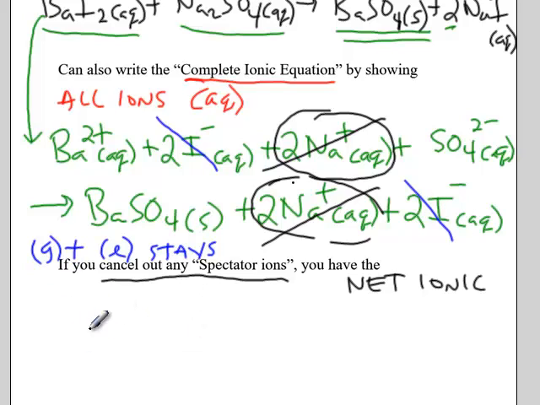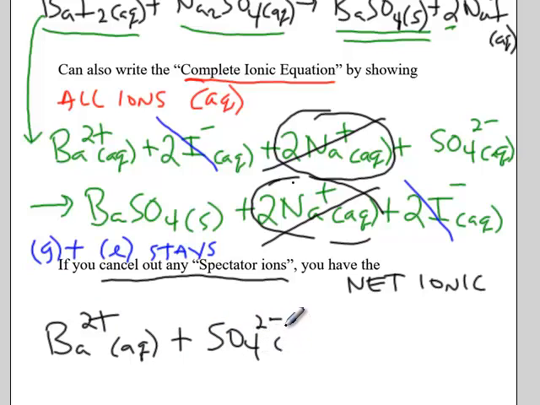So what we're left with is this net ionic equation, barium 2 plus aqueous plus 1 sulfate aqueous forms a precipitate of barium sulfate.